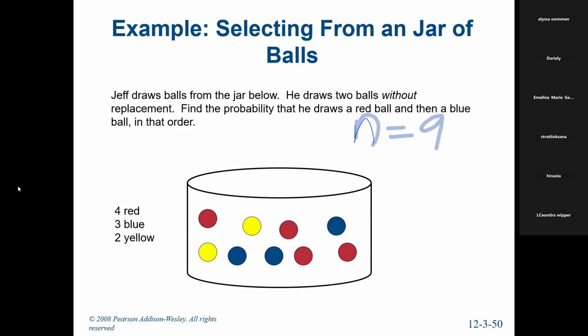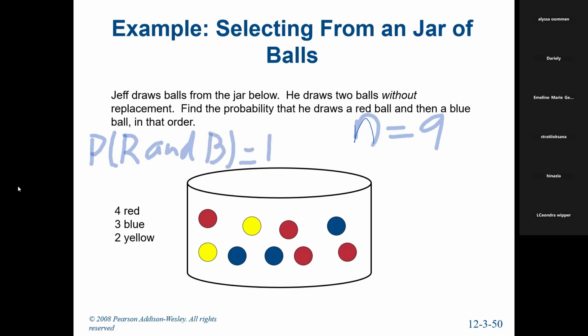So here they have to find P of 2 balls. The first one is a red ball, and the second ball is a blue.